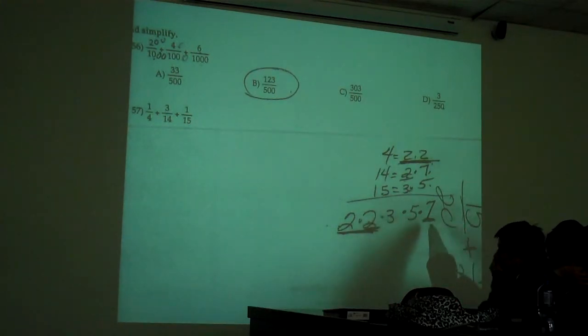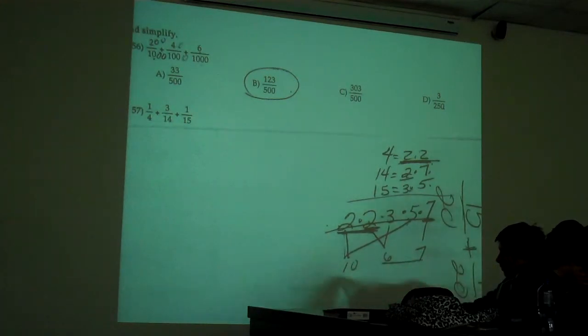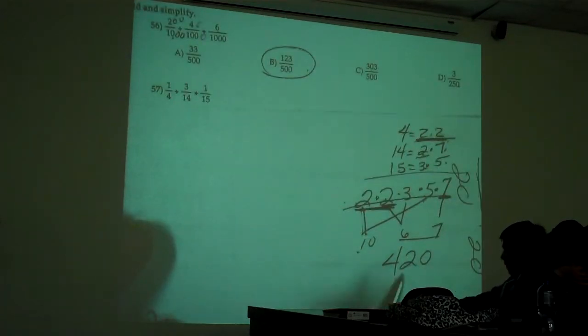Okay, if you multiply all those out, let me see, 2 times 2 times 3 times 5 times 7. 42 times 10 is 420. So 420 is our least common multiple. If you would have done it times 2 again, you would have had 840. It would have just been a little more multiplying.